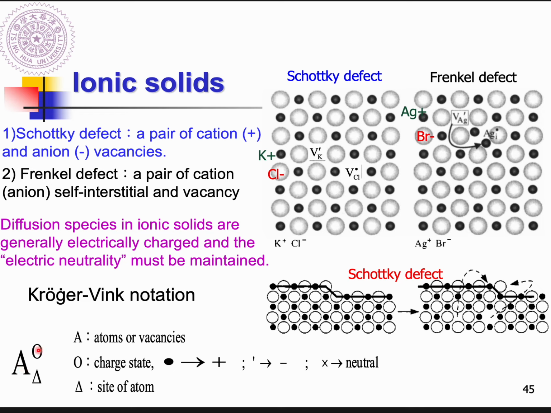On the upper right side, you indicate the charge state. If it carries one positive charge, you use a dot to represent one positive charge. If it has one negative charge, you use a prime to represent one negative charge. But if it remains neutral, then you use a cross to represent the neutral state. And the lower right side is the site of the atom or the vacancy.